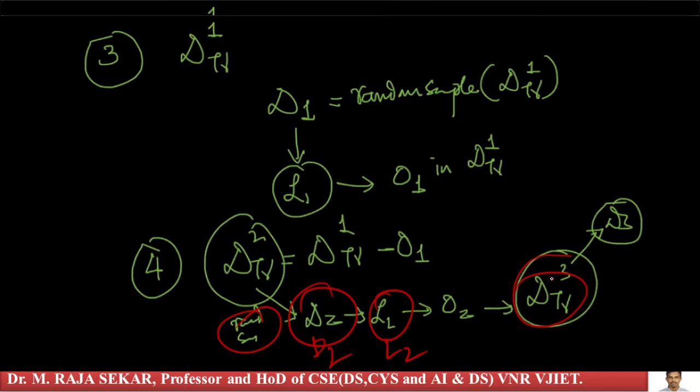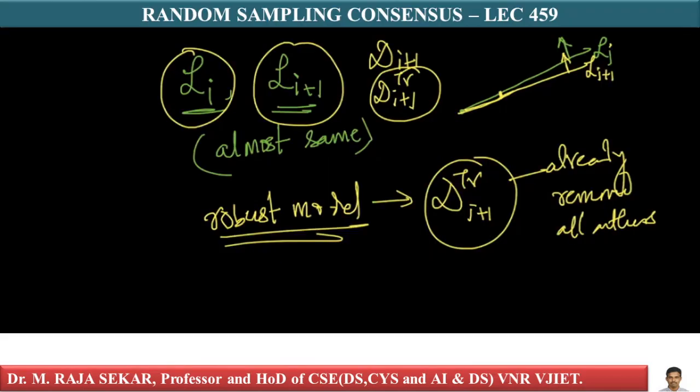You keep doing this till the time, let's assume we got a model Li in the ith stage, and Li plus 1 in the next stage, that is the I plus 1th stage.